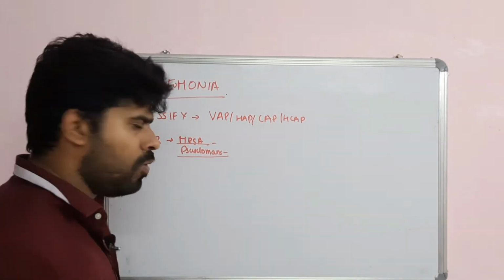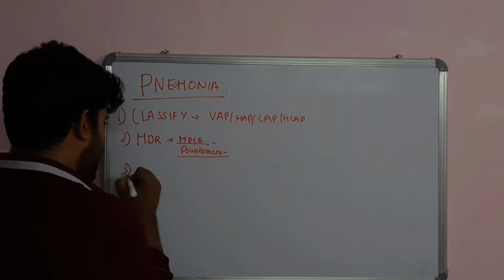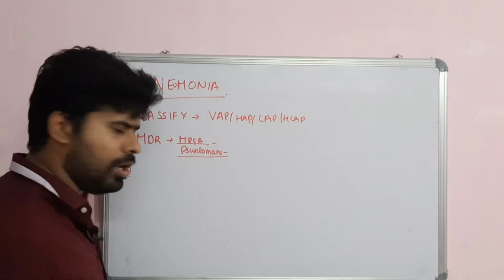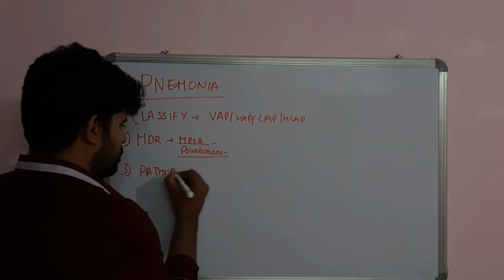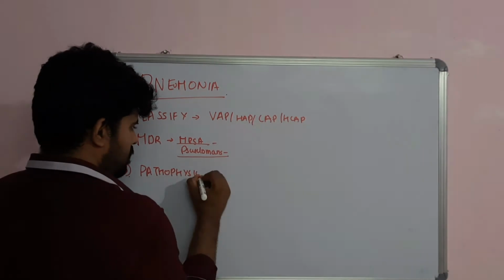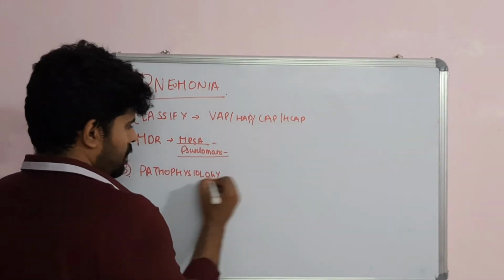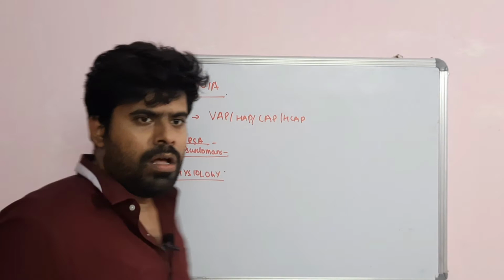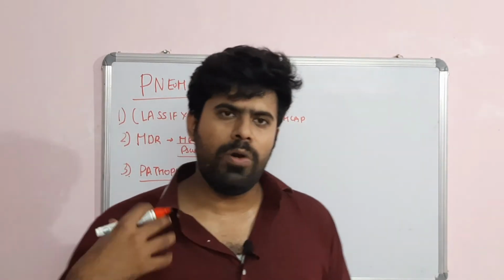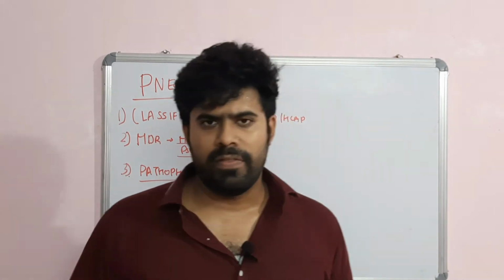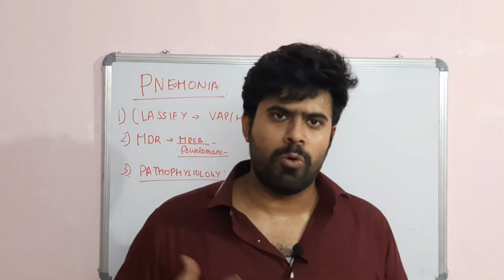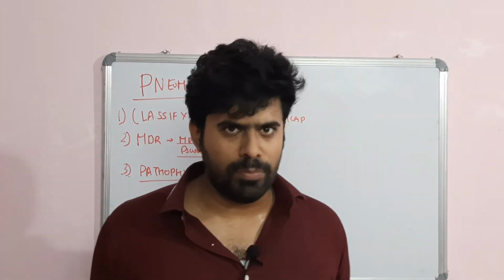So, what happens? What is the pathophysiology of pneumonia? How does the microbe enter into the alveoli and cause pneumonia? Before its entry, there are certain host factors which will prevent the pneumonia.